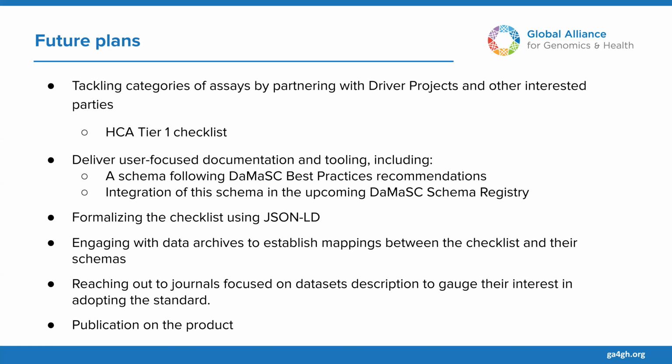We will deliver user-focused documentation and tooling, such as a schema following DAMASK recommendations, and integration of the schema in an upcoming DAMASK schema registry. We're also interested in formalizing it using JSON-LD, and engaging with existing archives to establish mappings between them and the checklist and map between this checklist and what they have currently.